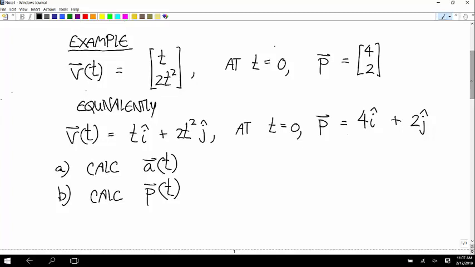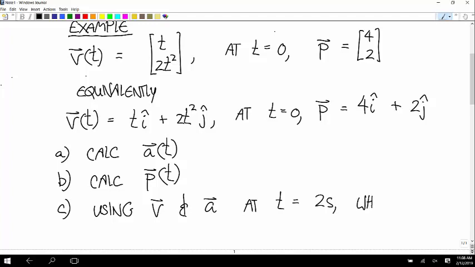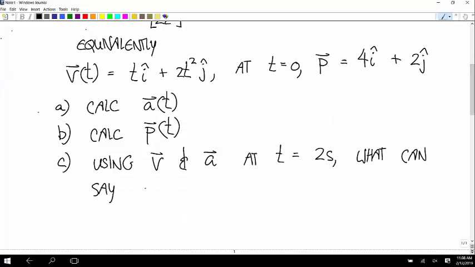And then let's do this too: using the velocity and acceleration vector functions when time is equal to 2 seconds, what can we say physically about the motion at that instant?